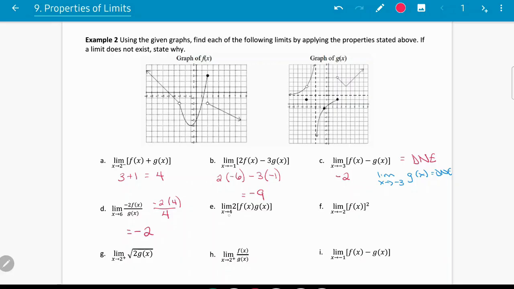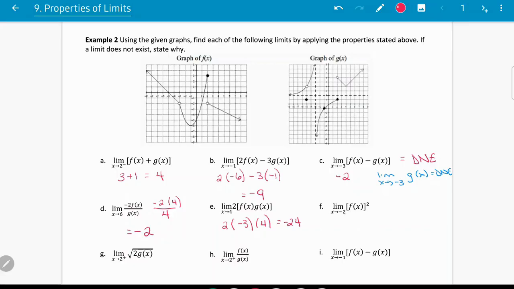The limit as x approaches 4 of f of x times g of x, so we have the limit as x approaches 4 of f of x is negative 3, and the limit as x approaches 4 of g of x is going to be positive 4, and so we have negative 12... negative 24.